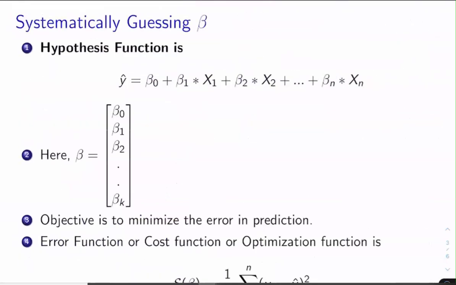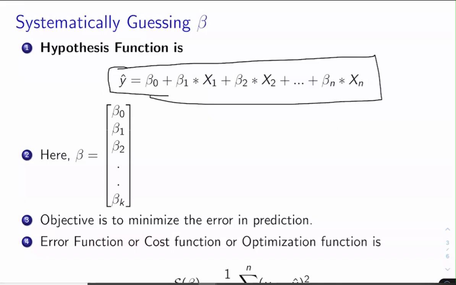Now, in the context of multiple linear regression modeling, the format of the hypothesis function is like this. We have already seen it, where beta 0 is the intercept or the y-intercept, as we call it in the context of simple linear regression model. Now there are n number of parameters or coefficients.